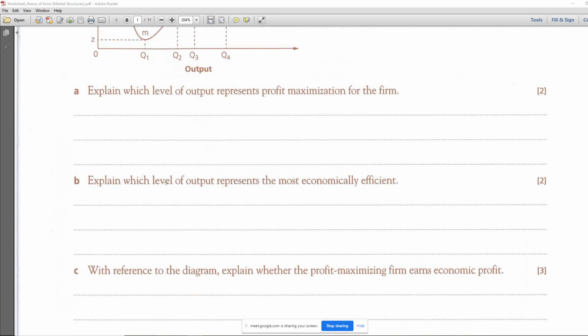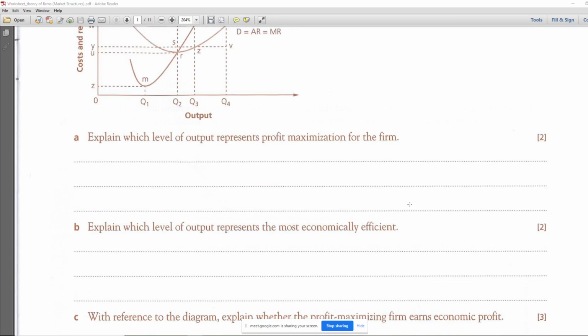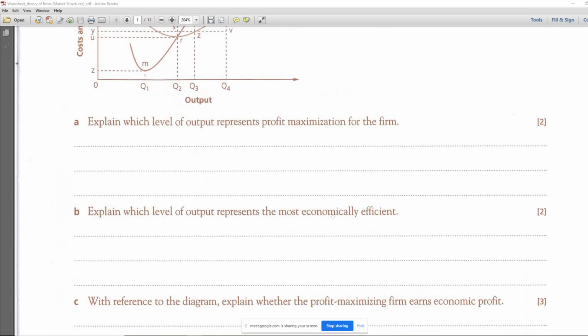What about question B? Explain which level of output represents the most economically efficient. Well, I would say this question is not that clear, so you can answer me both: where you can find allocative efficiency and where you can find productive efficiency.